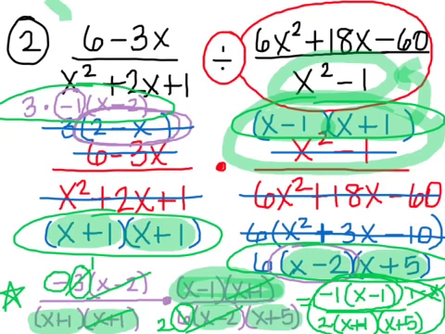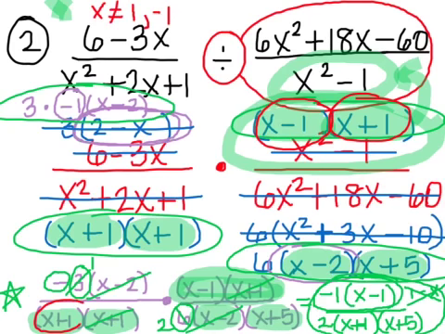So x cannot equal this, which would be 1, this one, which would be -1, this one, which would be -1, so we don't have to write it again.